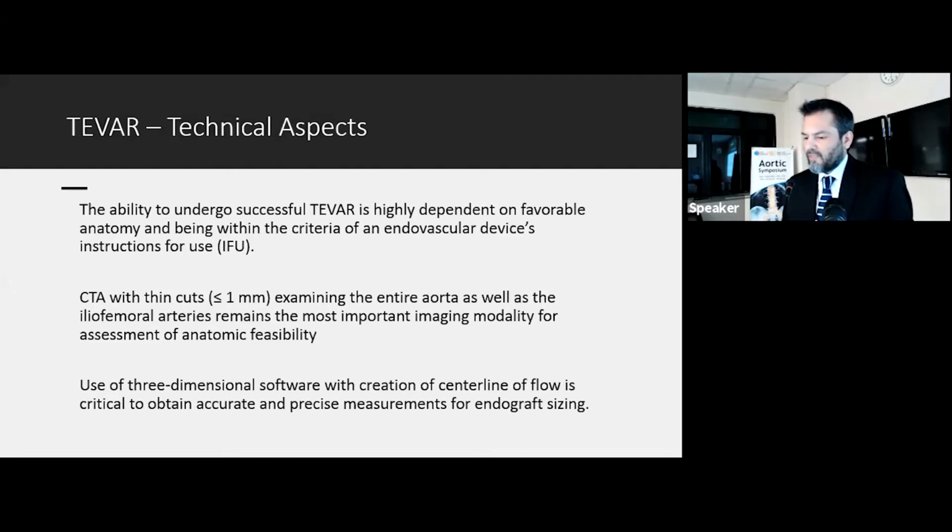Just a very few things about the technical aspects of TEVAR. Each device has its own brochure, which gives you the indications for use. For planning purposes we need 1 mm cuts so that we can reconstruct them in the sagittal and coronal plane.